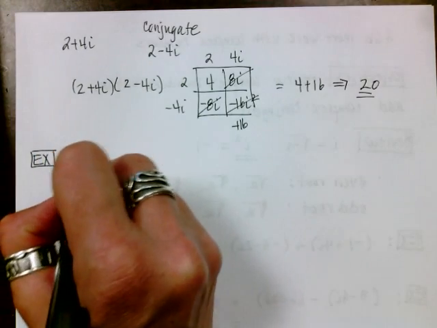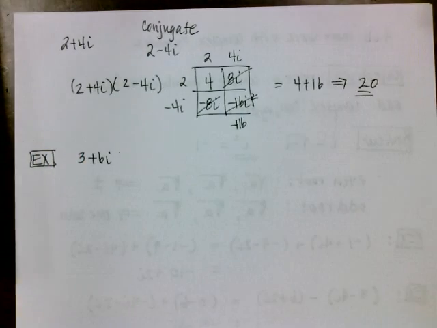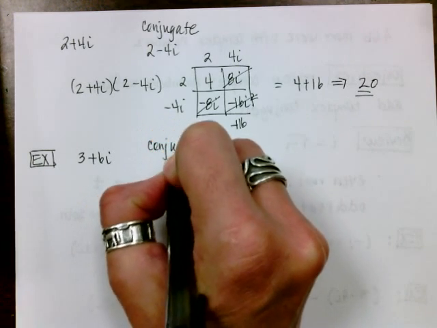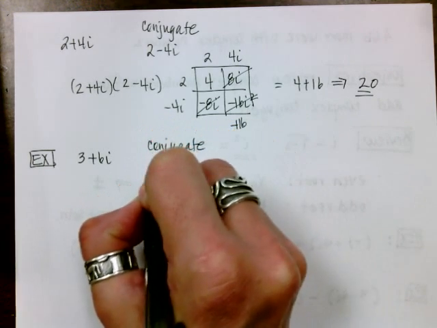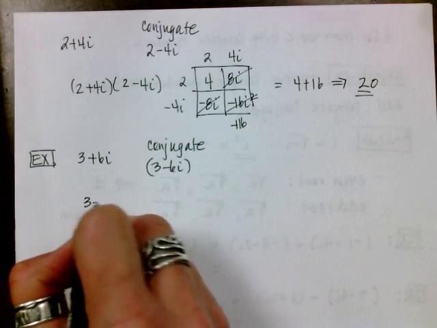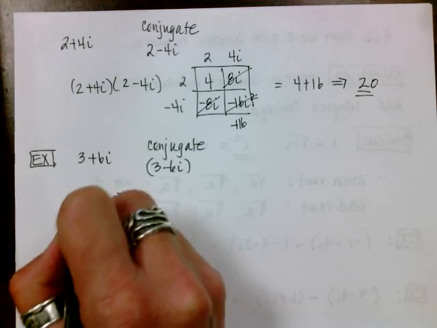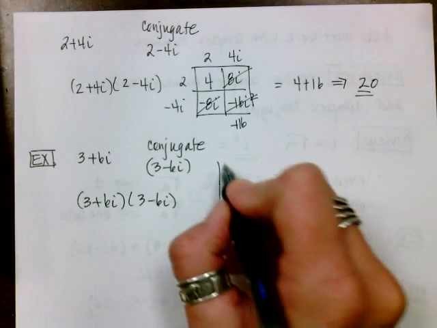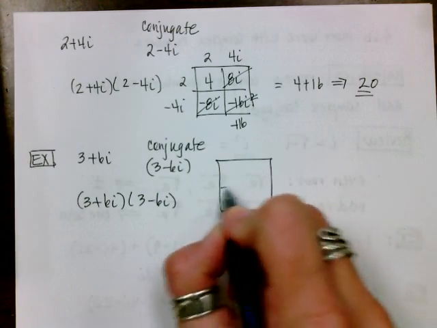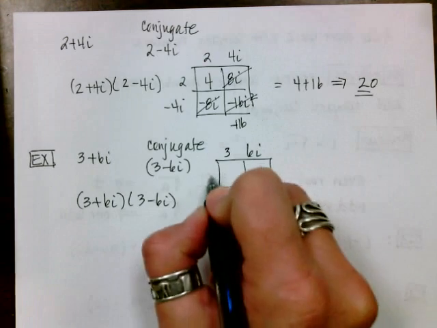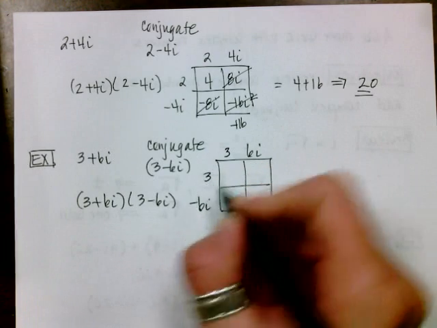I give you 3 plus 6i, then if I multiply that by its conjugate, which is 3 minus 6i, so 3 plus 6i times 3 minus 6i, I'm going to put it in a box. I'm getting good at drawing boxes. So here's a 3, there's the 6i, a 3 minus 6i.